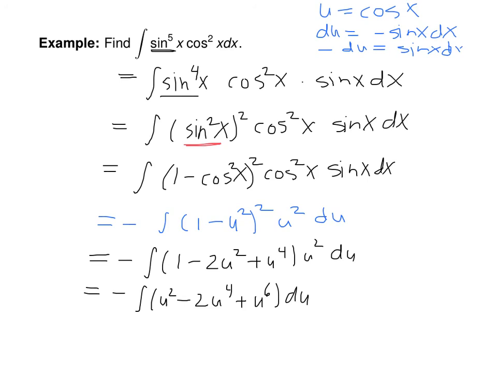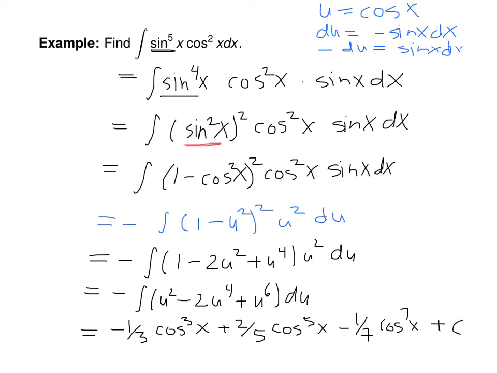And now when we antidifferentiate and reinsert our u, we end up with negative 1/3 cosine cubed x plus 2/5 cosine to the 5th x minus 1/7 cosine to the 7th x plus c.